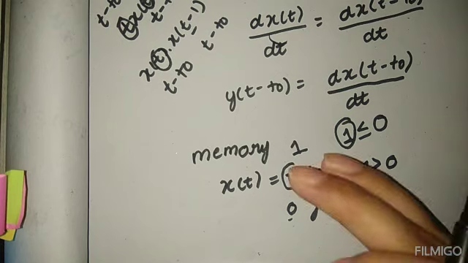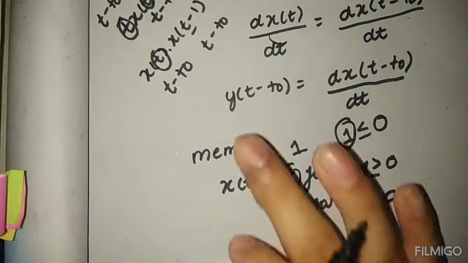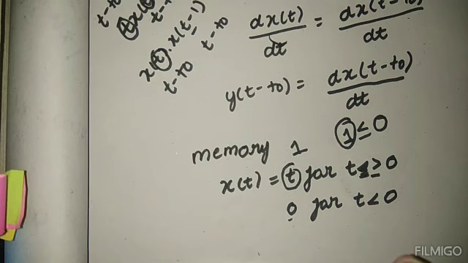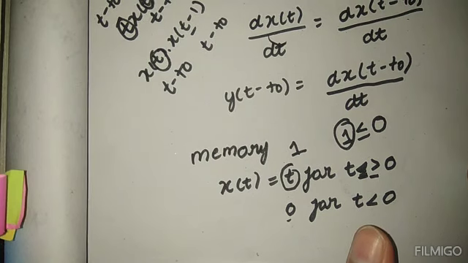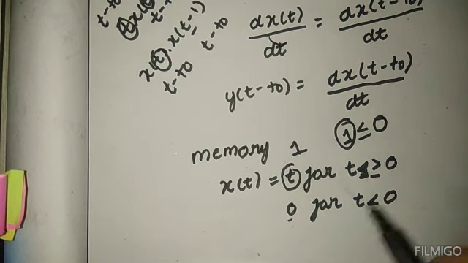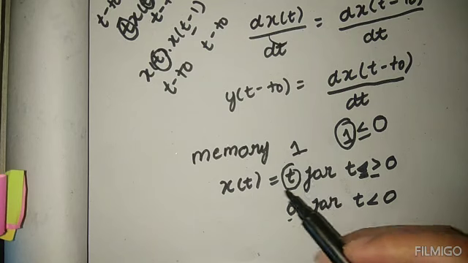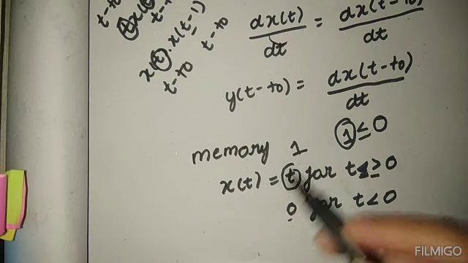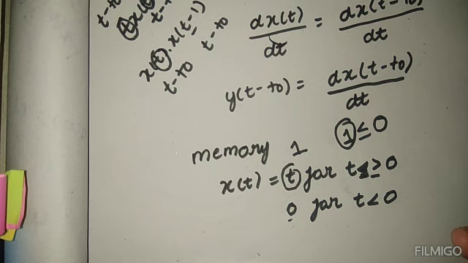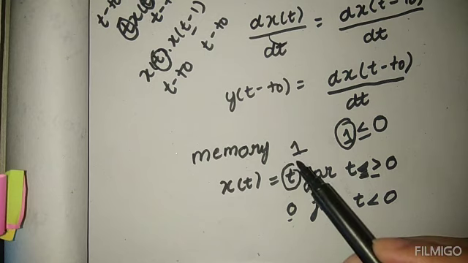For all the negative time period it is 0. For all the positive time period it is 1. I guess you already know that, and it is the same kind of condition, but he is telling that the x of t, that is the amplitude, would be equal to t. It is not 1. Amplitude is not 1 here, but the amplitude is t.